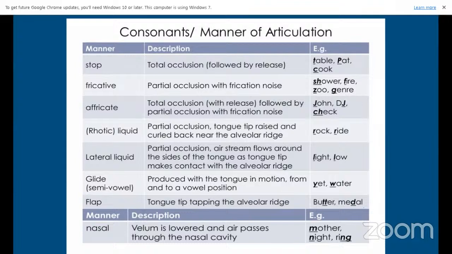Then you have the nasals. What are nasals? The velum is lowered and air passes through the nasal cavity. Air, instead of coming out from the mouth, goes into the nasal cavity and comes from there, and the production of the sound happens there. Such consonants which happen with the nasal are called nasal consonants, such as m sound, n sound, and ng.